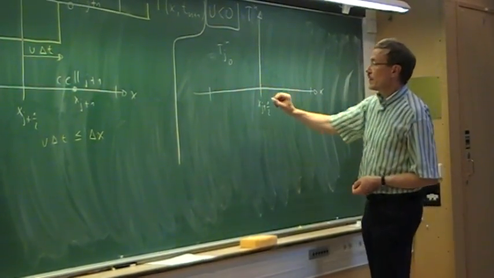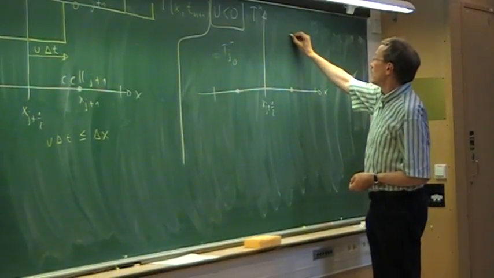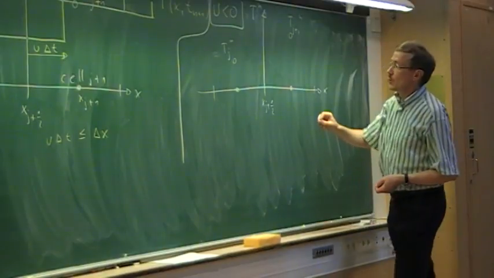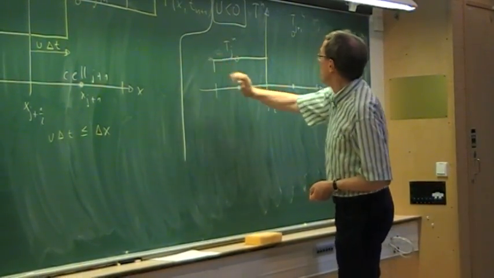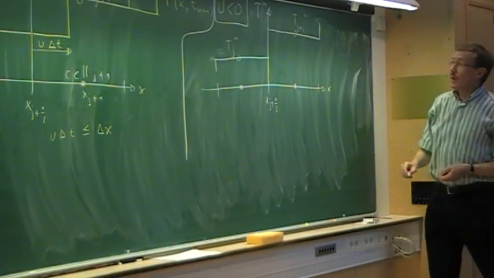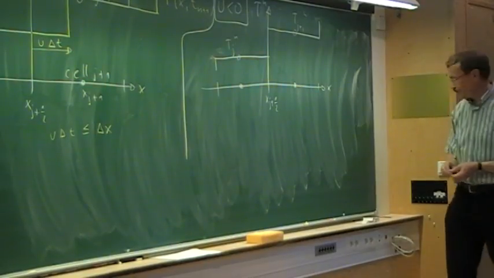We have our cells here, and we have here our tj plus 1. So we assume again a similar initial condition. And in this situation, the whole thing will travel to the left.